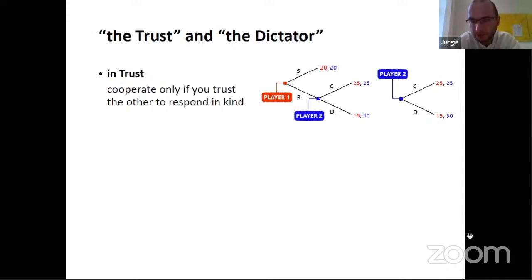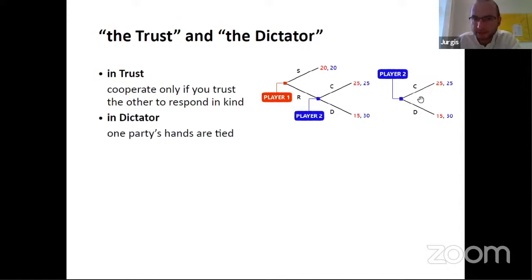The cooperative option C is to split a larger prize equally between both players, but the selfish option D, which stands for defect as opposed to cooperate, allows that player to pocket an even higher personal payoff at the first player's expense. So it only pays for the first player to cooperate, to pass the decision to the second player, if she trusts that the second player will respond in kind.